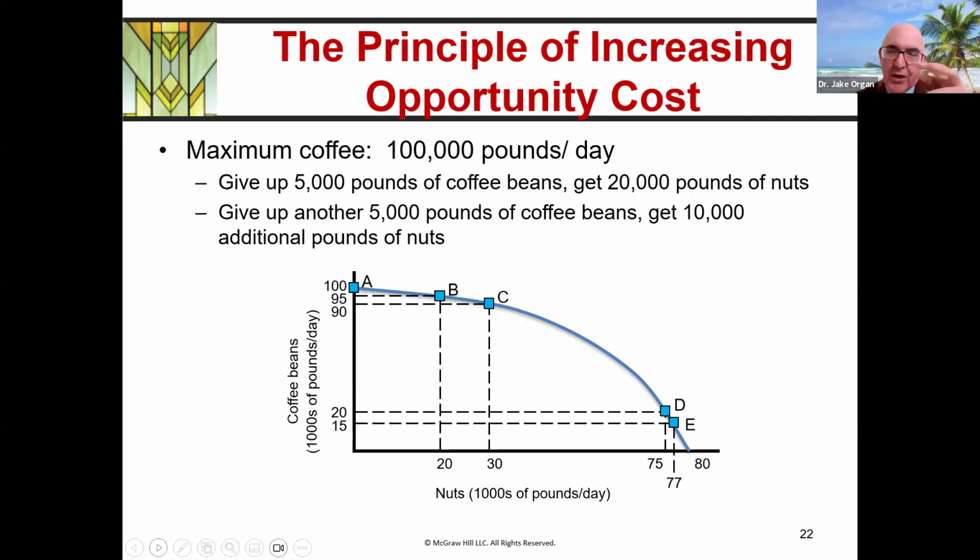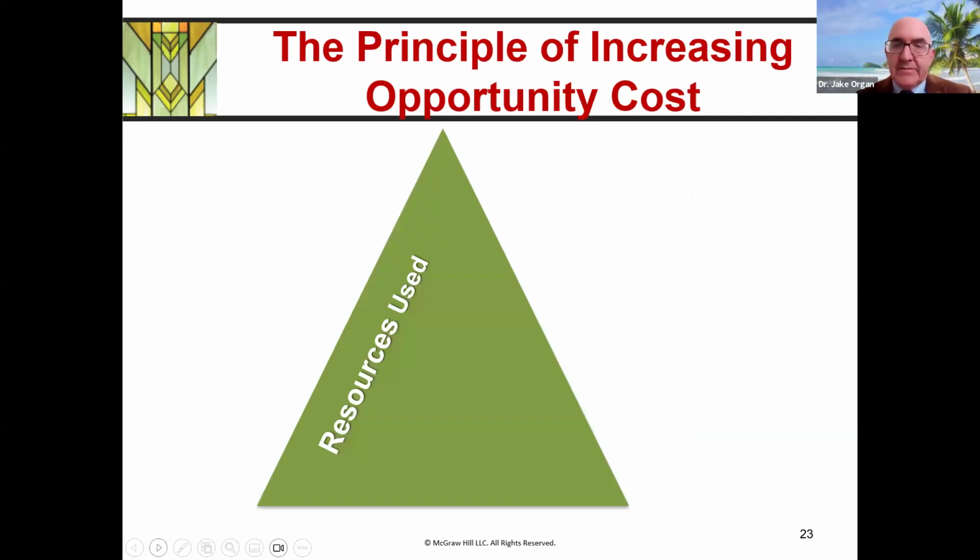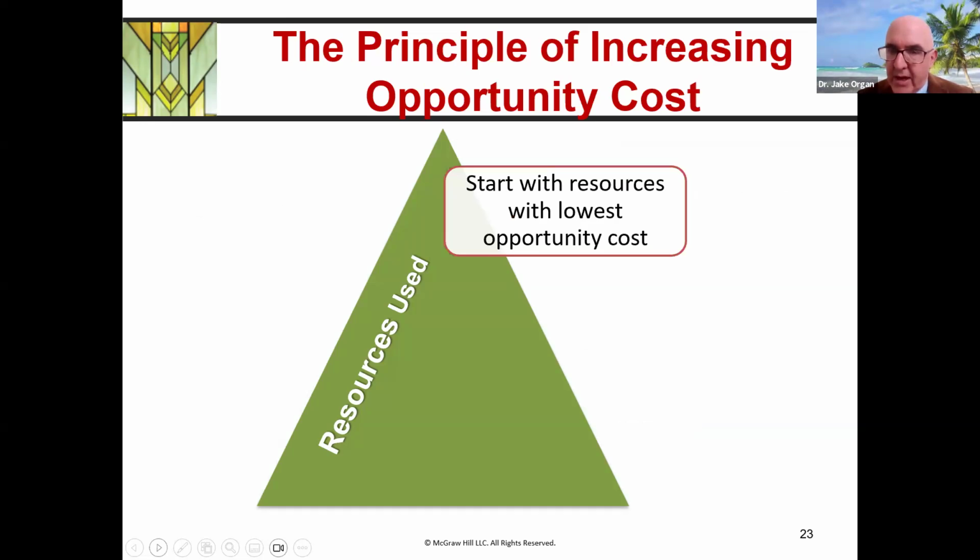And so the opportunity cost is changing along that line. You can just play with it and look at it yourself and you'll see that. And so ultimately, that's the principle of increasing opportunity cost.